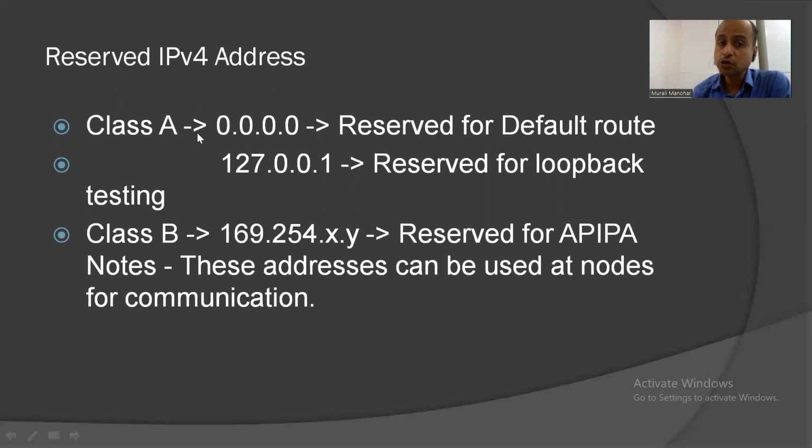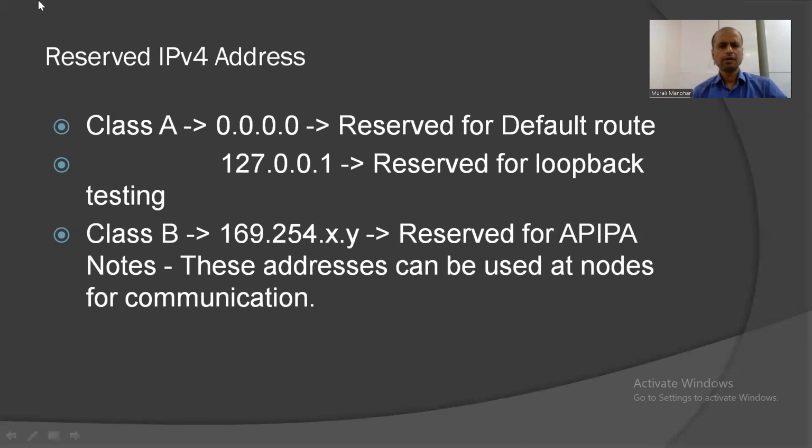That's why this zero series is used to define the default route at a router. It means with the help of a single route, you can transfer data to any network or receive data from any. Fine. This is the use of the zero series.